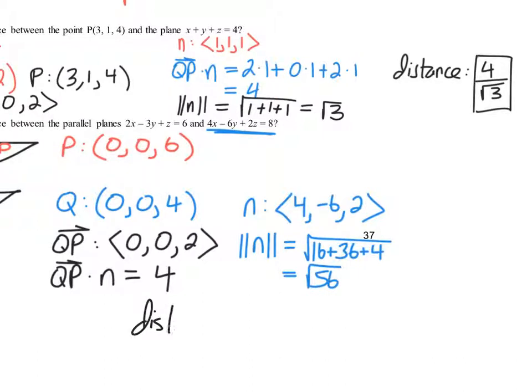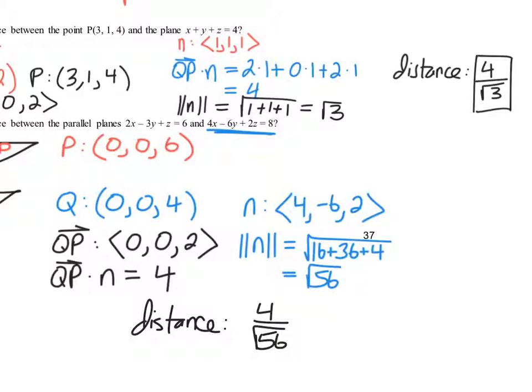The distance is the absolute value of the dot product of QP and n, which is 4, over the magnitude of the normal vector, which is root 56. The absolute value would only come into play if I had a negative quantity. I wouldn't be worried about the magnitude being negative, but if the dot product gave us a negative result, then we would drop that negative, but that didn't happen.